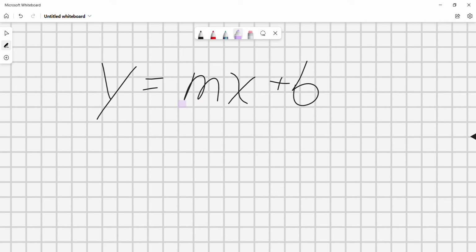We have these two key components. x and y are the variables that are related to each other. M and b help explain the relationship between x and y. M is the slope of the line, and b is the y-intercept.